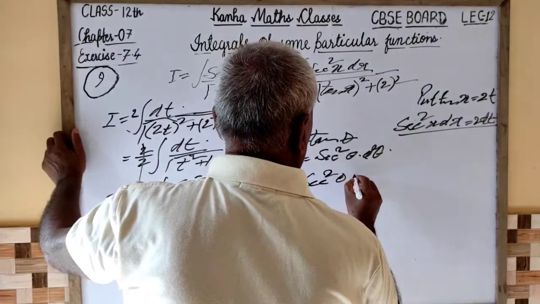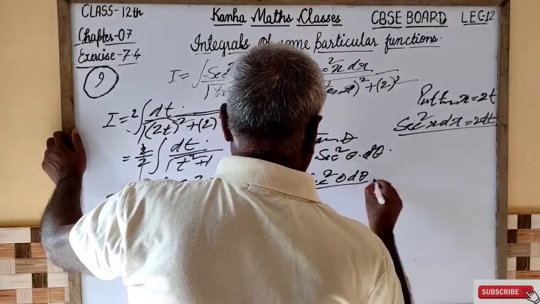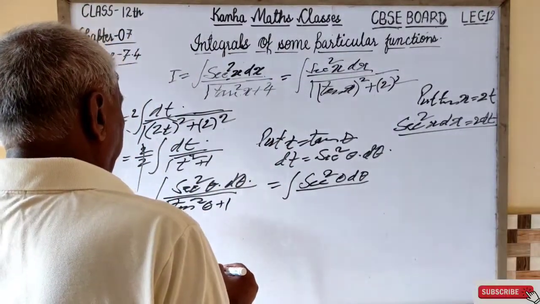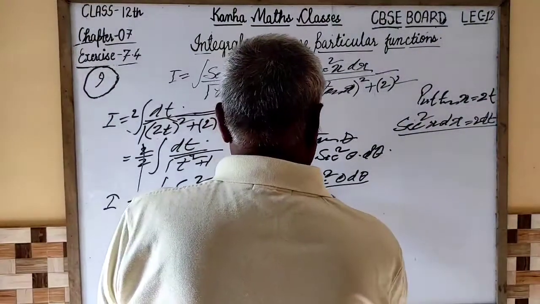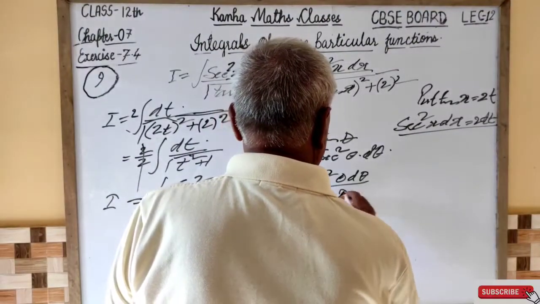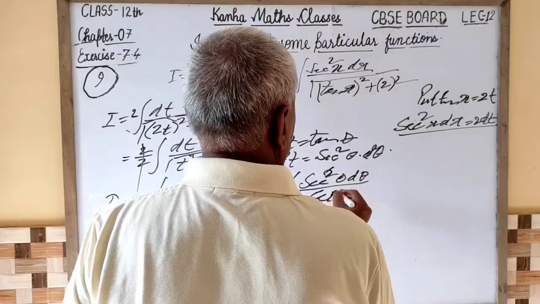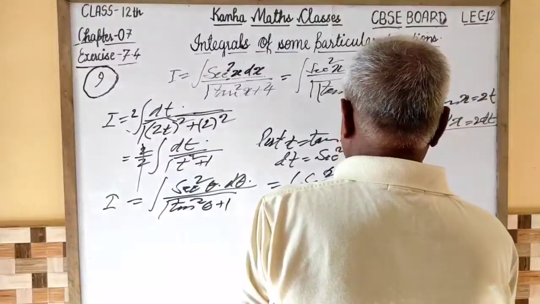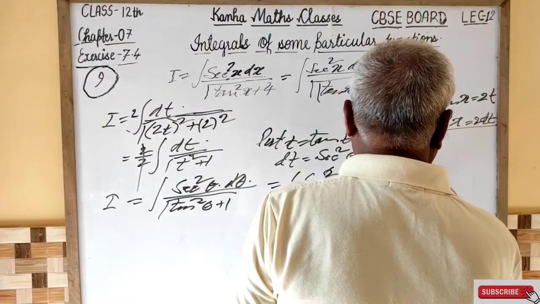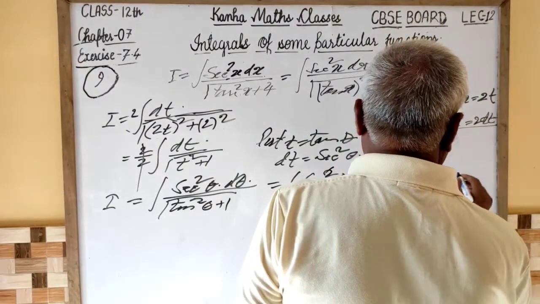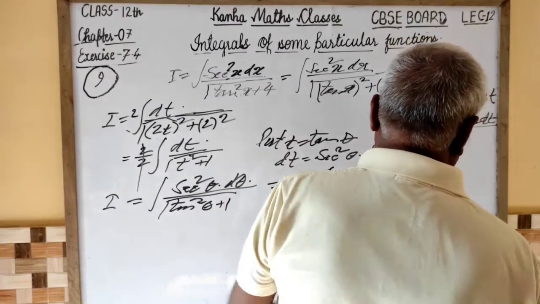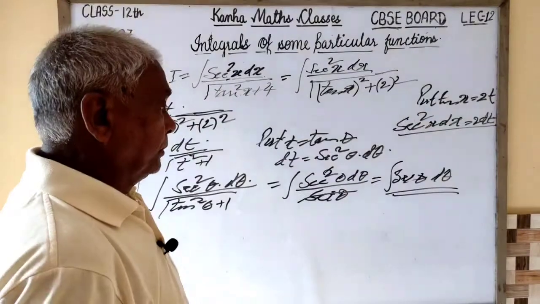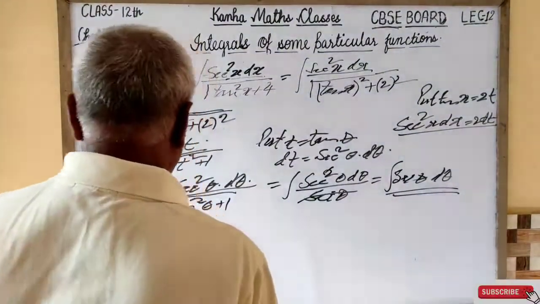Sec square theta d theta upon under root of 1 plus tan square theta, which means sec square theta, under root makes it only sec theta. This sec theta will be cut by this, and ultimately this will become integral sec theta d theta. Now the fundamental way of derivation here is to multiply in numerator and denominator sec theta plus tan theta.